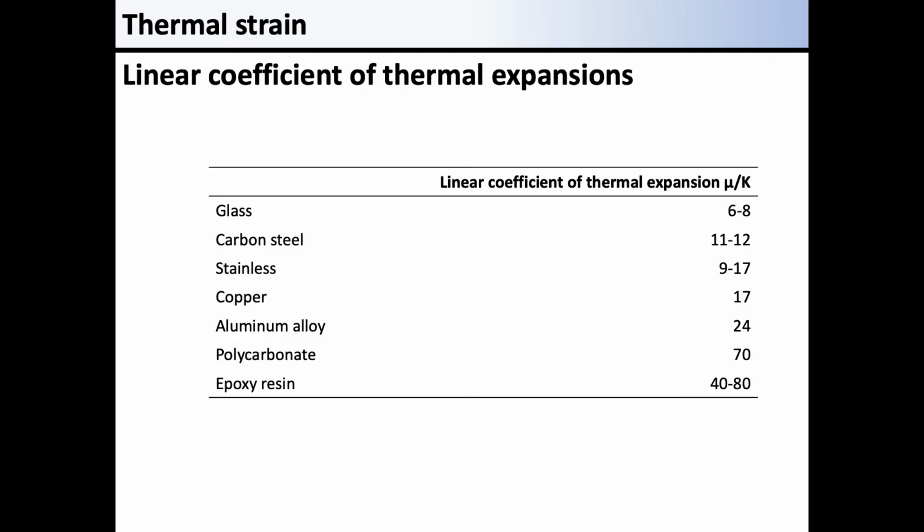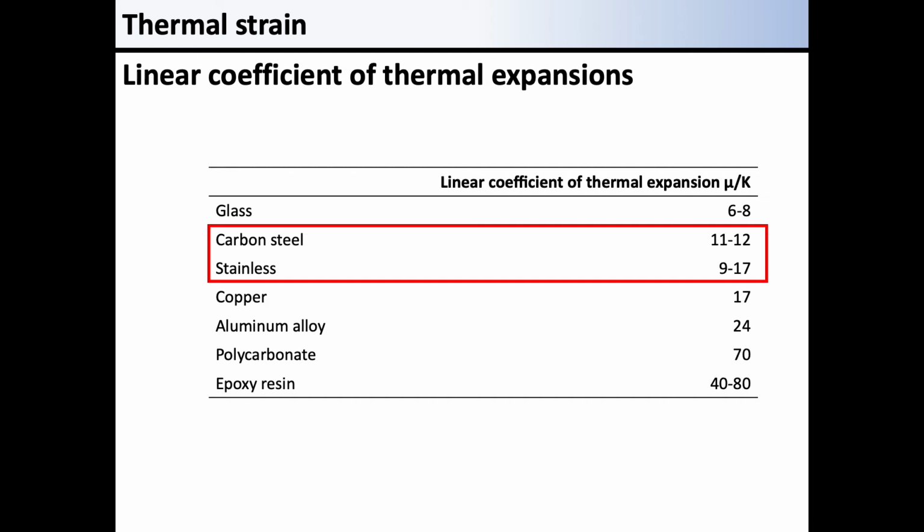Following the definition of thermal strain, we are now arguing about how much materials are deformed due to temperature changes with respect to the table. As an example, let's consider carbon steels. Mild steel, which was introduced before, is a type of carbon steel. The linear coefficient of thermal expansion of carbon steel is about 11 micro per Kelvin.